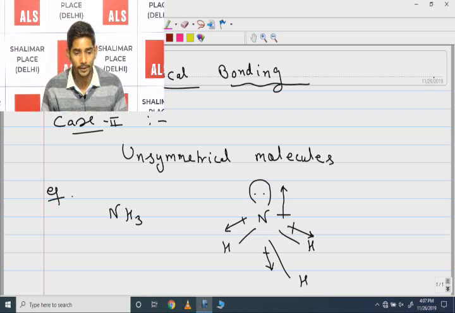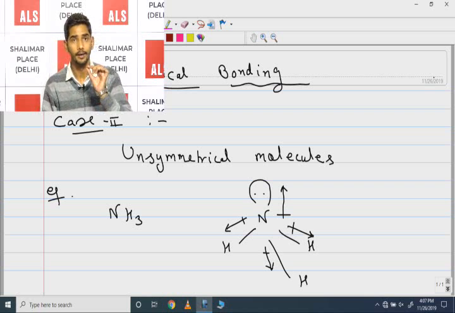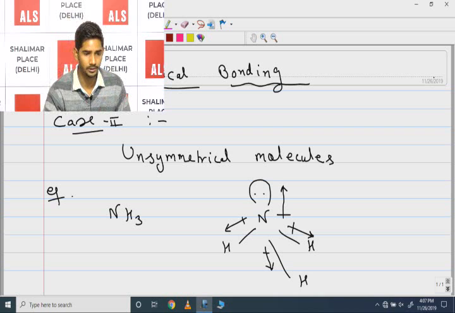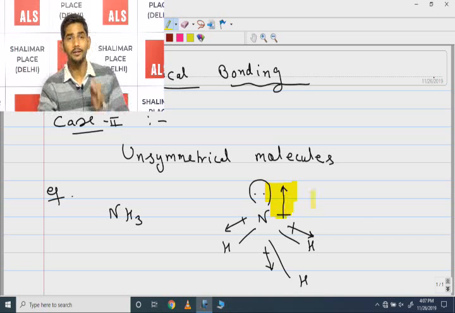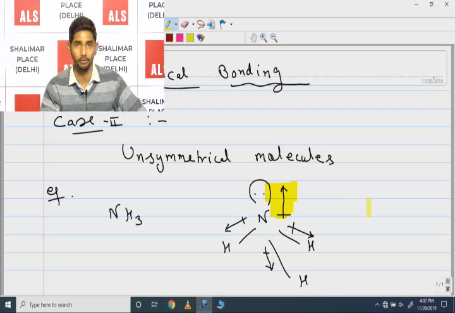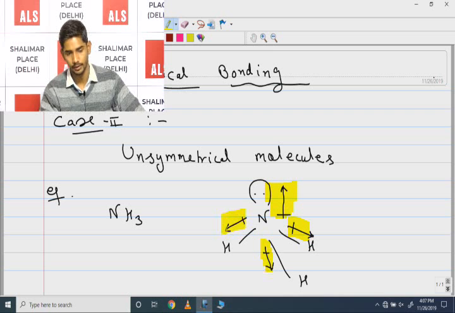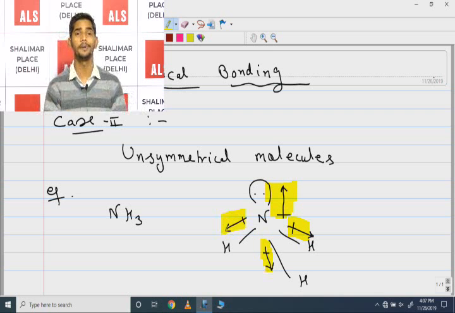But the point is, this dipole, I am talking about this one. Here the movement of electron pairs is towards the lone pair of electrons, which is a non-bonded state. Here these dipoles are present where bonded pairs are present.